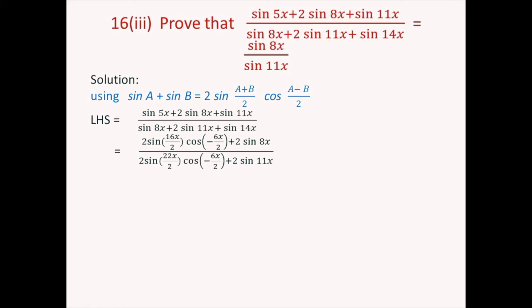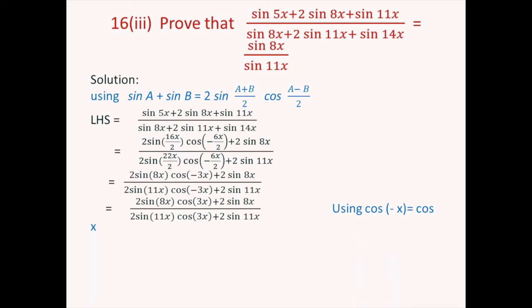Now, when I apply the identity sine of a plus sine of b, I get 2 sine of 16x by 2 cos of minus 6x by 2 plus 2 sine 8x, whole upon 2 sine 22x by 2 cos of minus 6x by 2 plus 2 sine 11x, which when simplified gives me 2 sine 8x cos of minus 3x plus 2 sine 8x in the numerator, and in the denominator I get 2 sine 11x cos of minus 3x plus 2 sine 11x.